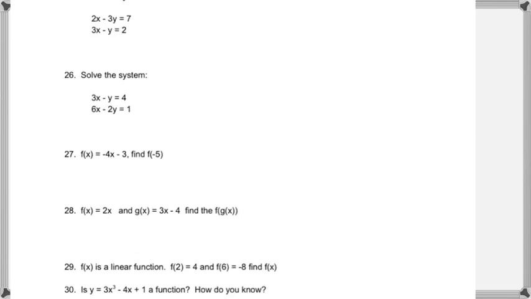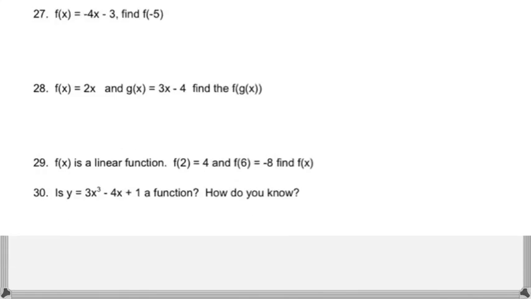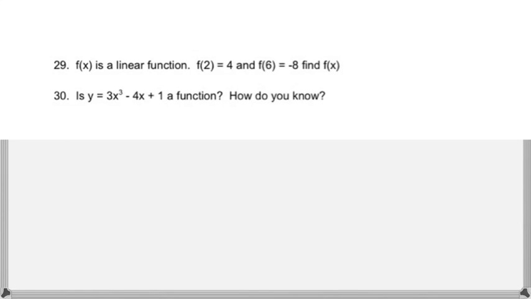So we knock off 29 and 30 in this video. There we go. Problem 29, f of x is a linear function. Essentially what they've done here is just given us 2 points. They said that when x is 2, y is 4.